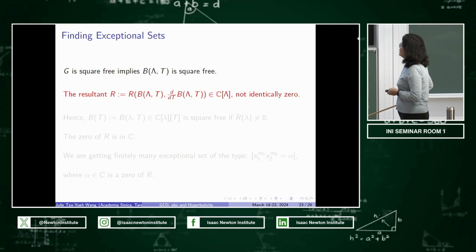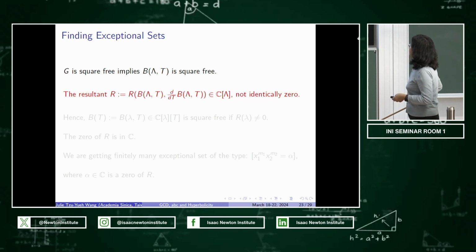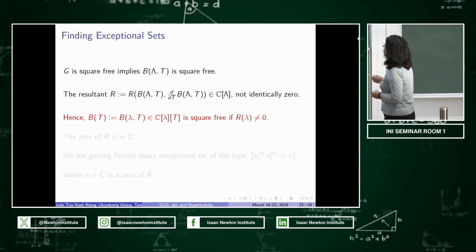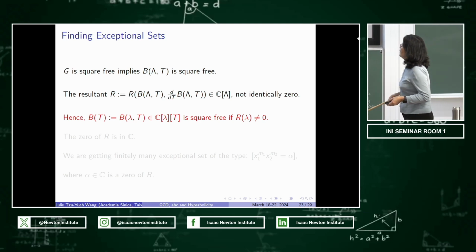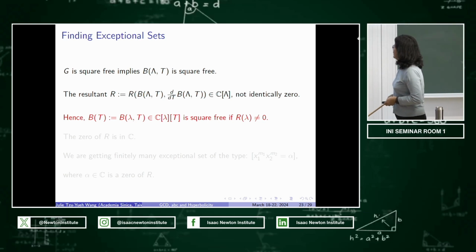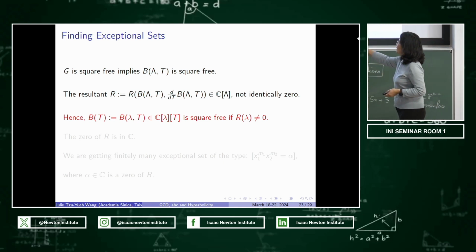Then we want to plug in lambda and see whether the new polynomial in one variable is still square free. Because this is square free, we take a resultant over t, and this would not be identically 0. The resultant will be a polynomial in lambda. If we find all the zeros of the resultant, then outside of those points, it will be square free.